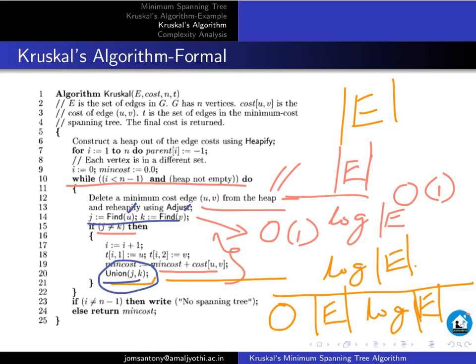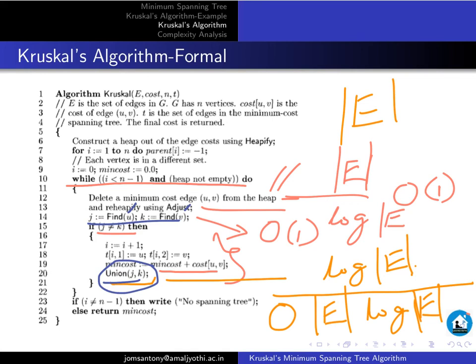So instead of having two names, j and k, you are going to combine them and call it with a new name. Maybe you can choose j or you can choose k to name it. It just means that you are combining two different sets into the same set, so that now all the vertices in j and all the vertices in k are lying in the same set.